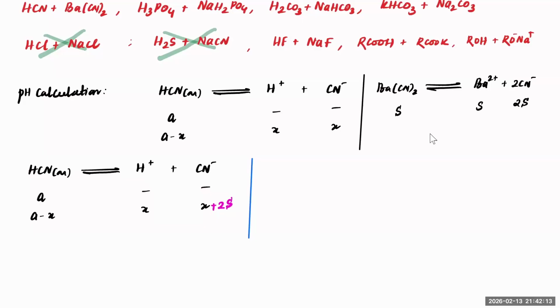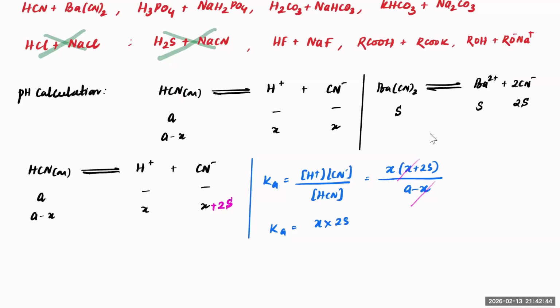Because X value is very small, I can say Ka value is equal to H plus concentration into CN minus concentration divided by HCN concentration, which is equal to X into X plus 2S, divided by A minus X. And because this X is very small, we can always ignore them in both the cases. Hence, Ka value will be simply X into 2S divided by A.